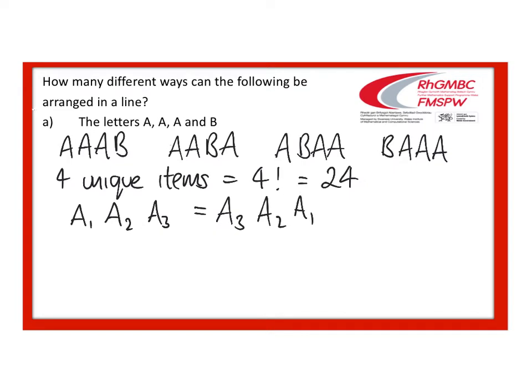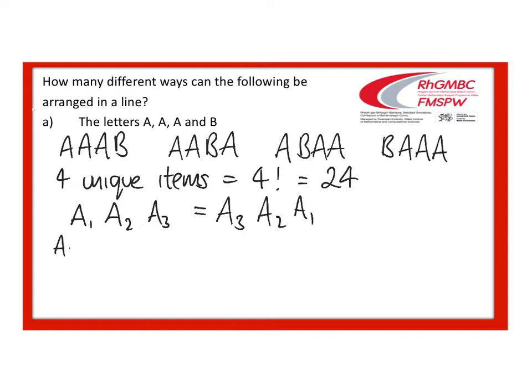Because we're not paying attention to the unique A letters, we're just looking at the fact that they are the letter A. So, what we need to do here is we need to somehow discount all the arrangements that we would get if we thought of A1 and A2 as unique items.